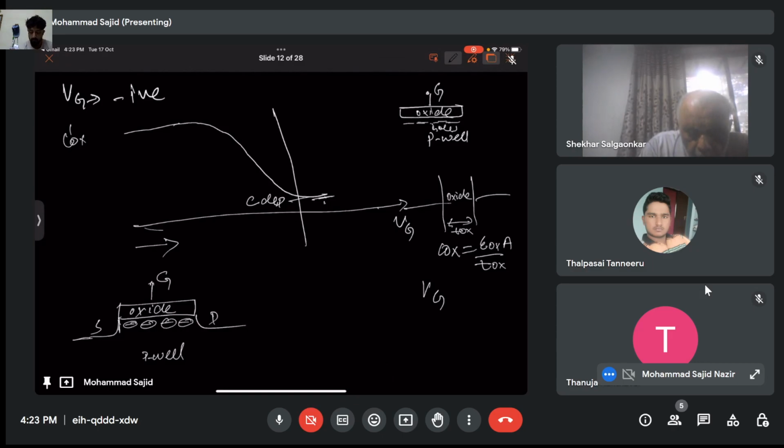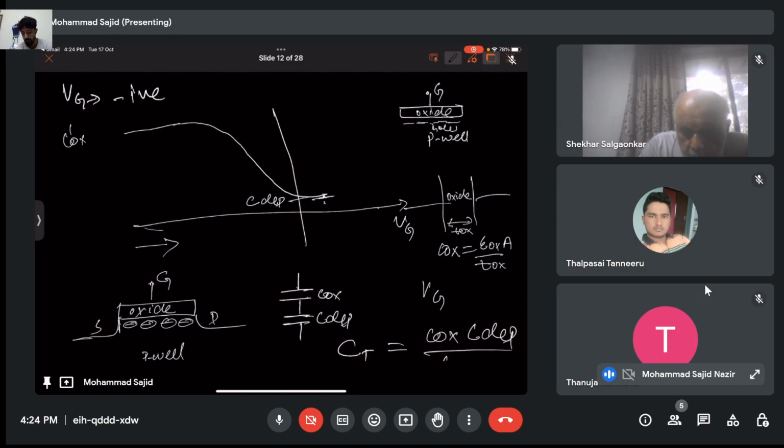Now till here, what happens is this is not only a single capacitor, but it is C ox in series with C depletion. So what is the total capacitance? C ox times C depletion divided by C ox plus C depletion, right?